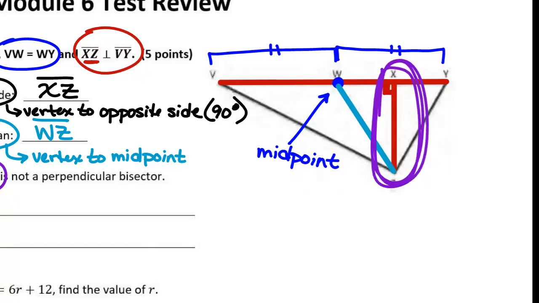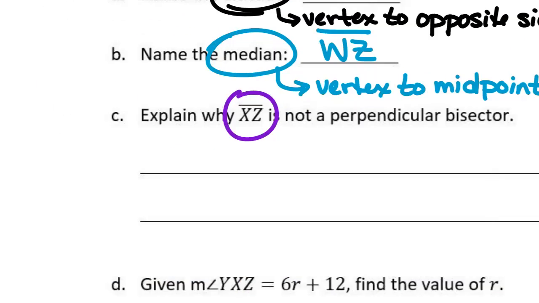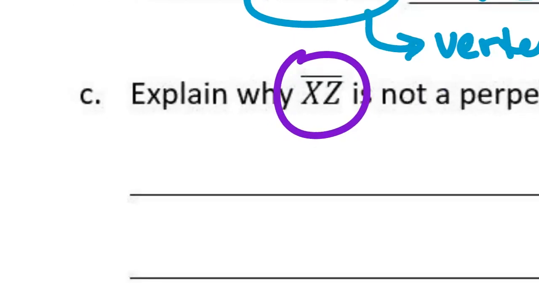Why is that not a perpendicular bisector? It doesn't cut anything in half. And how would we know if it was cutting it in half? What point would it have to hit to cut it in half? Would have to hit W, would have to hit midpoint.